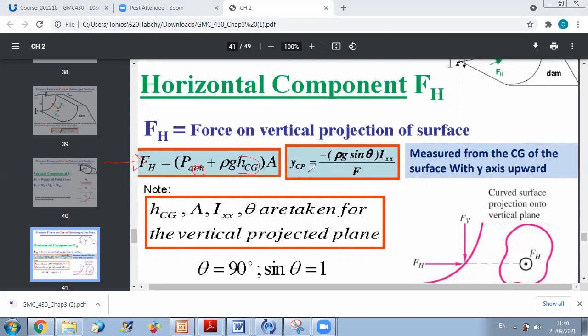Now concerning YCP, which is the location of the force, here this formula is just given with respect to another frame, and at the end you will get the same result.